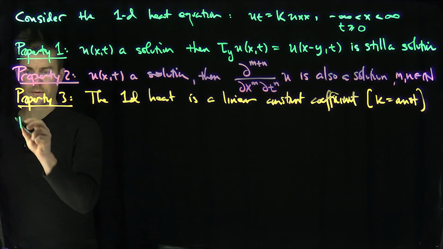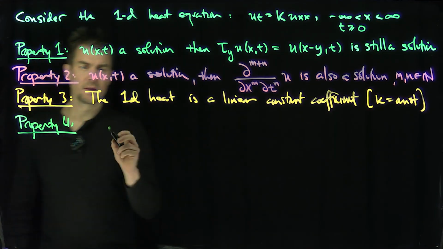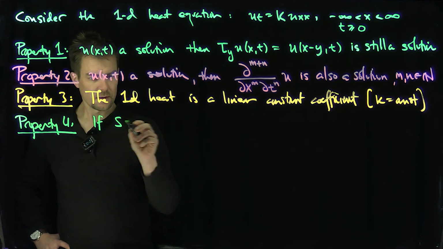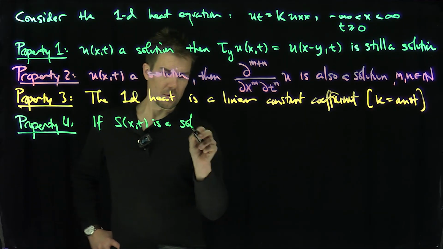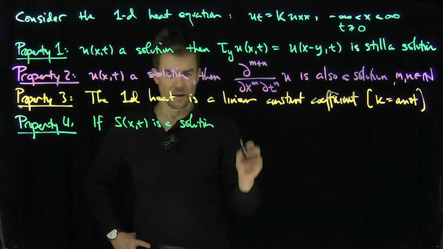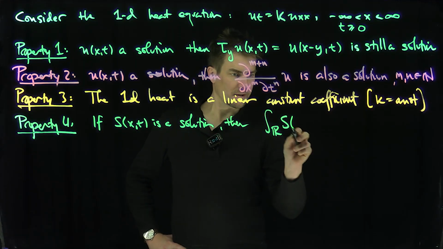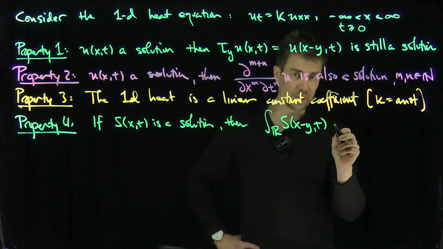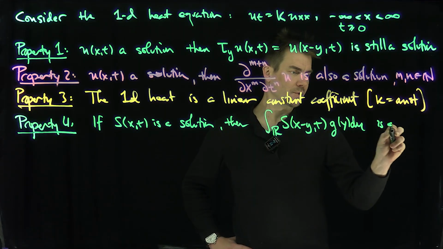So property 4 is that if S of x and t is a solution, then if I integrate over R, S of x minus y, t, times any reasonable function g, with any sort of smooth function g, that is also a solution.